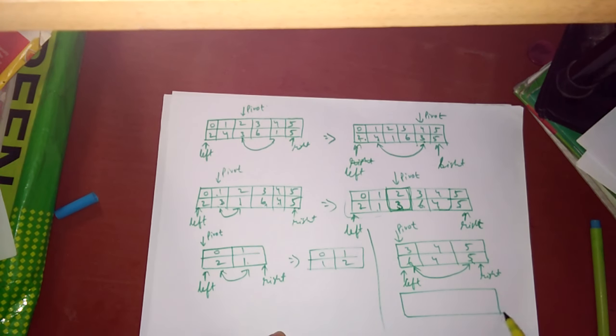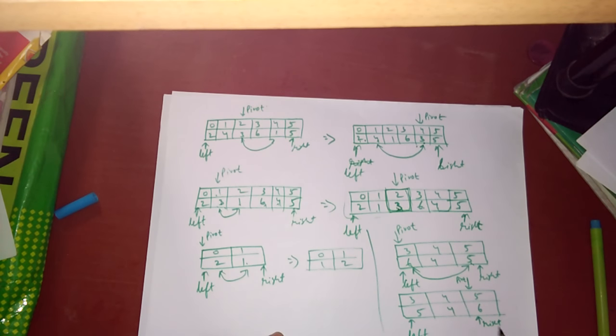We get 5 4 6. Our pivot is here, right, and this is left. Now we will start comparing from the left. 5 is smaller than the pivot, yeah. 4 is smaller than the pivot, yes. So it is also almost sorted.